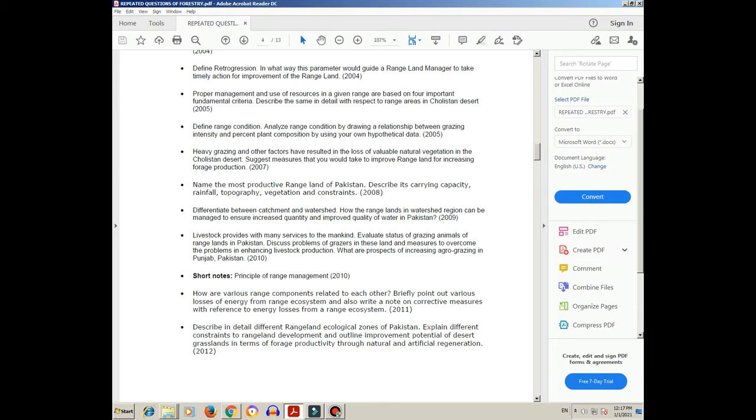2011 Describe in detail different rangeland ecological zones of Pakistan. Explain different constraints to rangeland development and outline improvement potential of desert grasslands in terms of forage productivity through natural and artificial regeneration. 2012 Short notes.